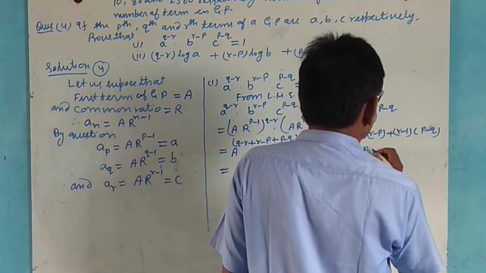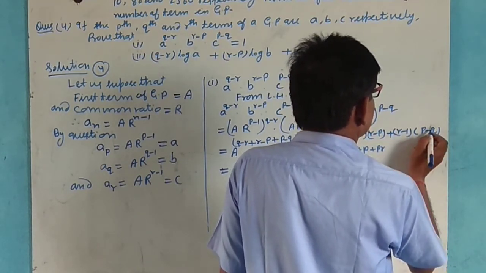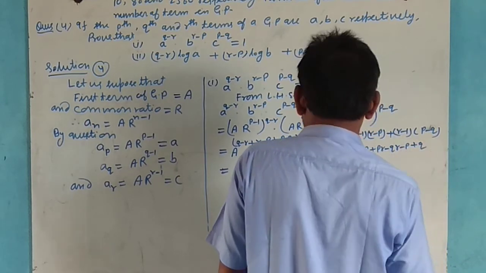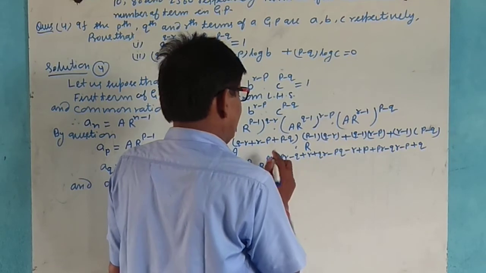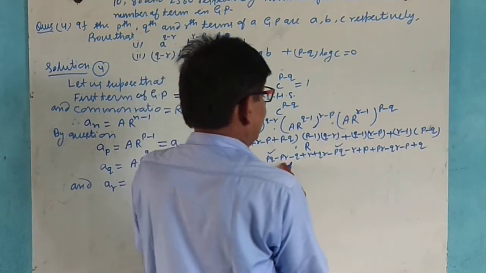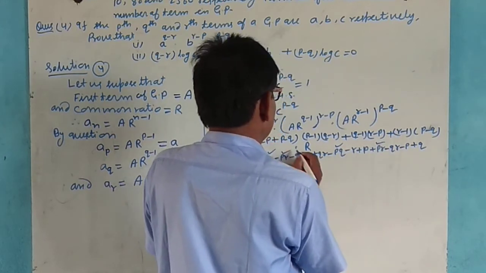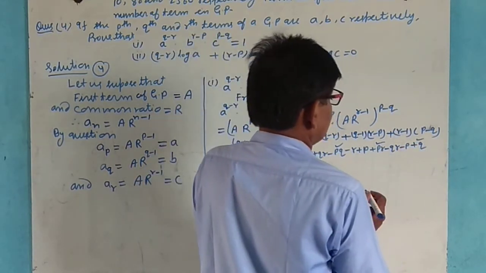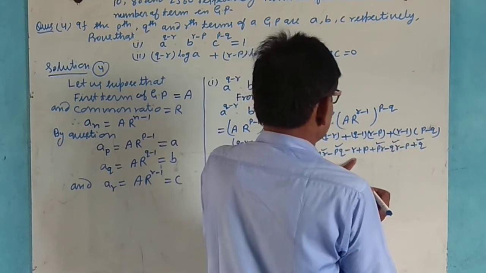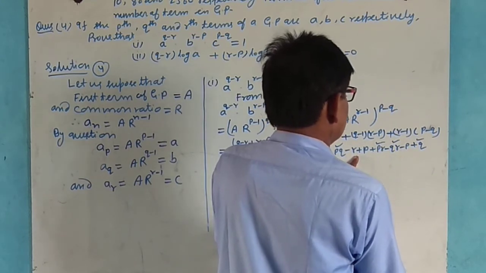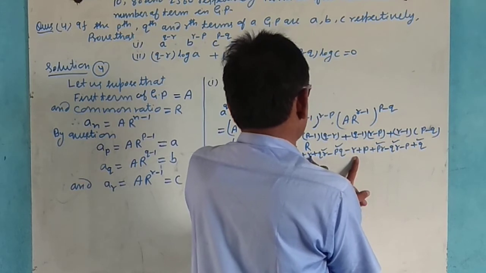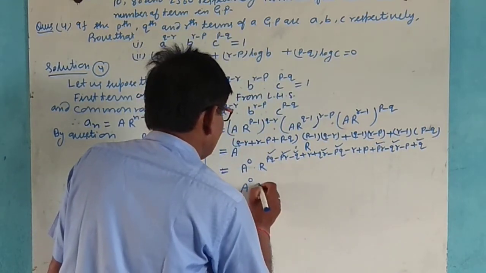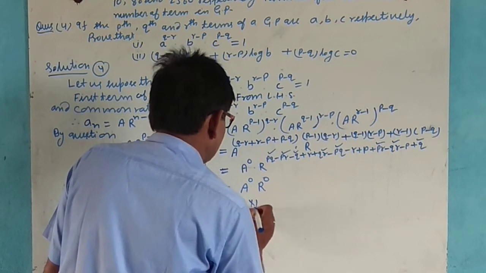Here pr minus qr minus p plus q. Now pq plus and minus cancel, pr minus pr cancels, minus q plus q cancels, qr cancels, r cancels, p and p cancel, so A to the power 0, R to the power 0, this is 1 into 1, which is 1.